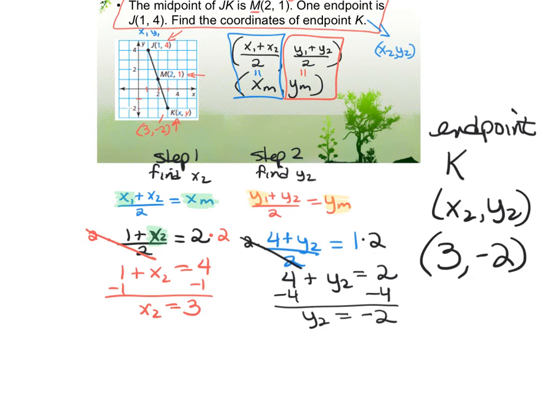Next, we're going to learn the distance formula. You're going to be doing problems where you may not just have to plug straight into the formula. You might have to work backwards to get an answer.